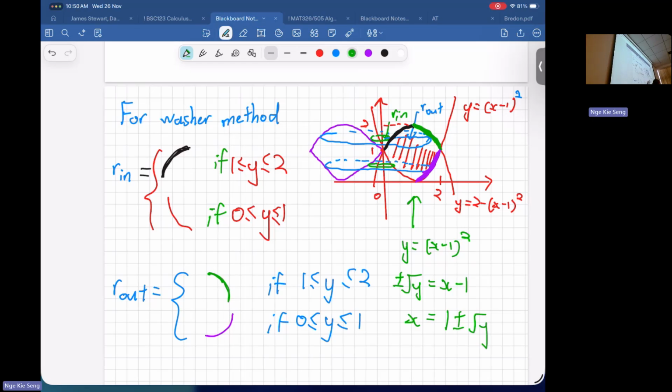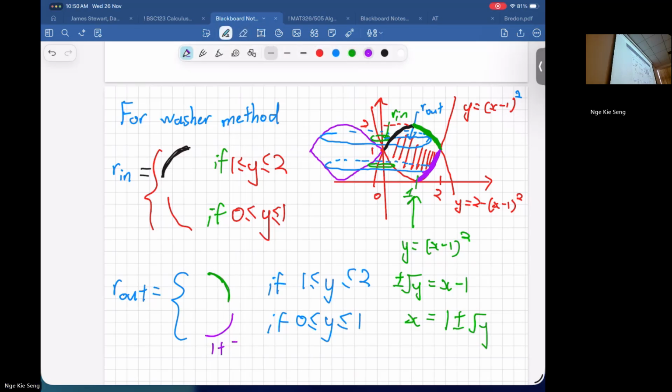You can see that this parabola has a minimum point at 1, right? Everything beyond 1 is 1 plus something positive. Anything before 1, you need to take away from 1, so 1 minus some positive. And so exactly the purple part is 1 plus square root y.